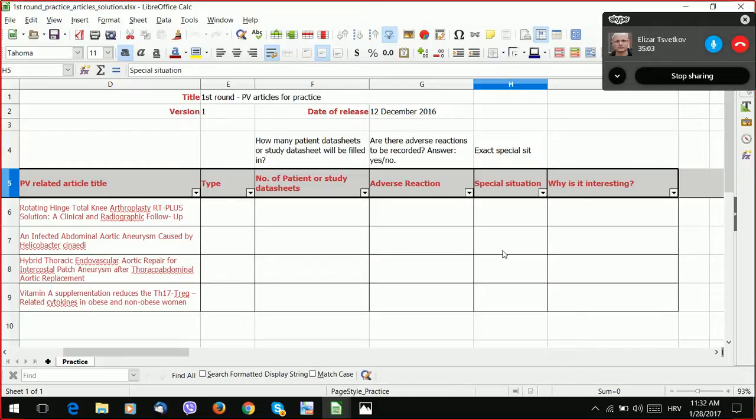After you fill in the table, please send it by email to your country administrators, deadline being Tuesday noon. And after that, you will receive a feedback on your solutions, and after that we are going to have another presentation, advanced PV categorization presentation, and after that you will do more practice articles, but more about it next time in the next presentation.